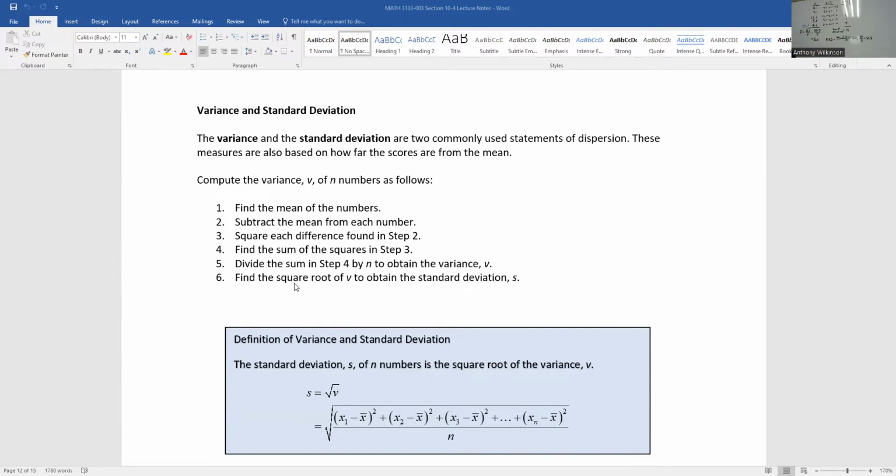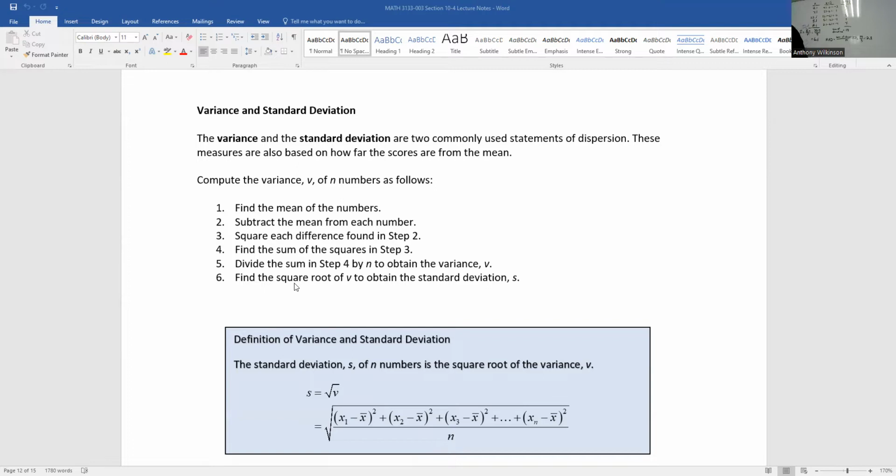Now, the way we compute the variance and the standard deviation is as follows. Here we've got 6 steps. Number 1, find the mean of the numbers. Again, add those data values up and divide by how many you have.